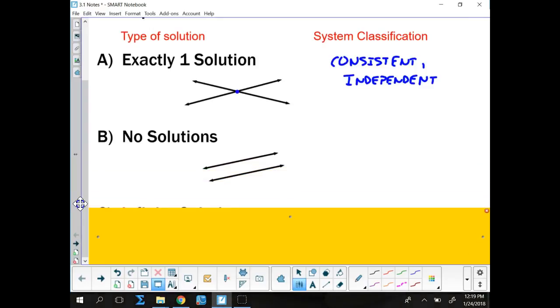So that would be a no solution case. When we have parallel lines. Okay. And we classify that as inconsistent.